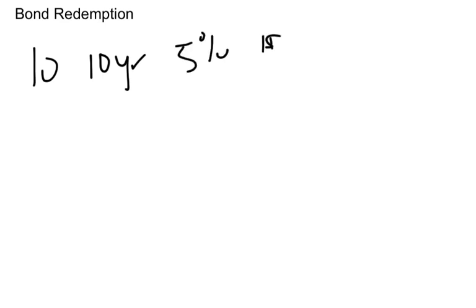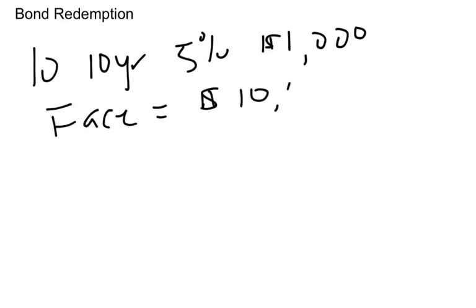So let's assume the data, again, like we talked about with our first bond example, let's assume we had 10-year, 5%, $1,000 bonds. Okay, so the face on these equaled $10,000. So it really doesn't matter what I issued them at, because if I issued them at a premium or at a discount, both of those have already been taken care of.